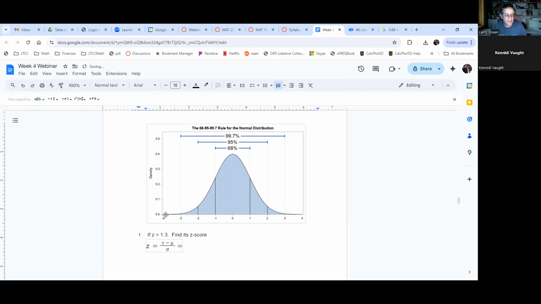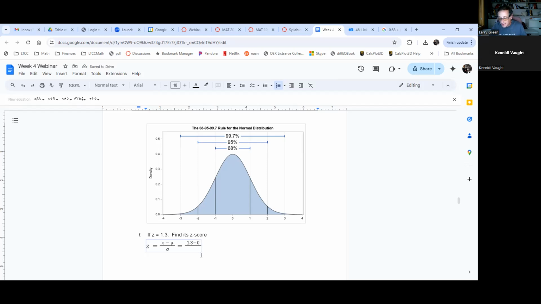That is equal to, let's work it out. The idea is not hard. X is 1.3 minus mu, that's the mean. The mean for the standard normal distribution is, sorry, 0. That's what I meant.